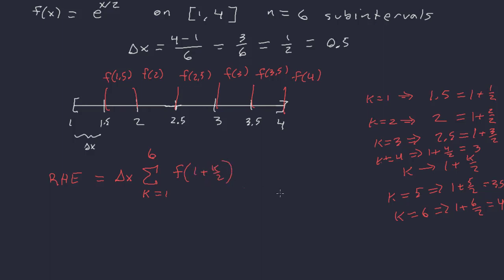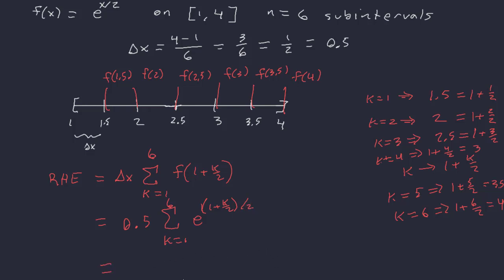Now, I will note, you don't have to do this, okay? I'm just doing this to show you how you would go about doing it. You can just write out the sum if you want, all right? Because this is going to be, now remember, our delta x here is 0.5, so it'll be 0.5 times the sum, k going from 1 to 6 of e to the, and here's where we need to be careful because it's x to the 1/2, it'll be 1 plus k halves divided by 2.